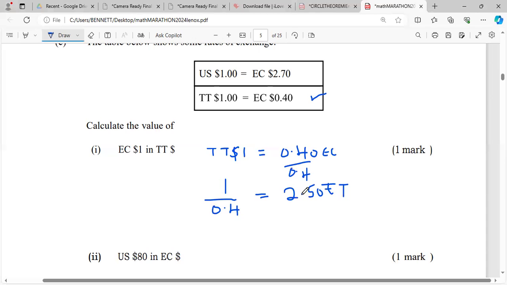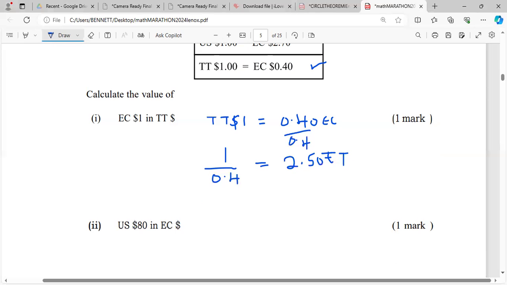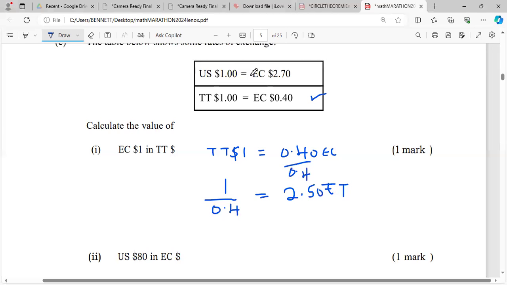Good job, guys. For the second one, it says Eastern Caribbean, $80 US in Eastern Caribbean. When you see this has a smaller value and it gives you enough for this, you have to multiply. Because if $1 US equals Eastern Caribbean $2.70, it means for each US dollar you get $2.70.